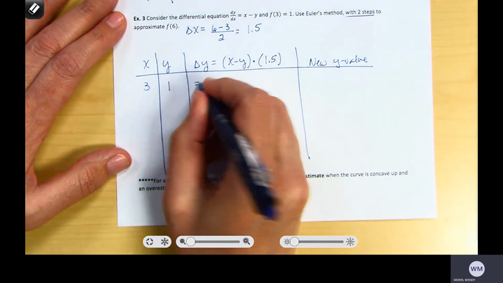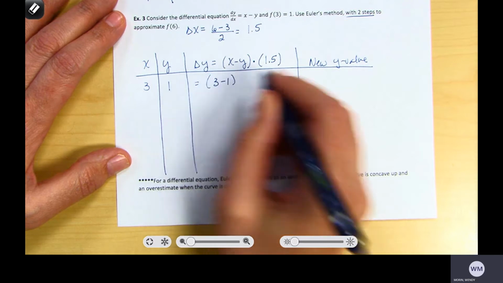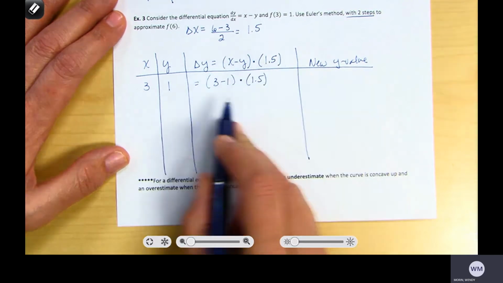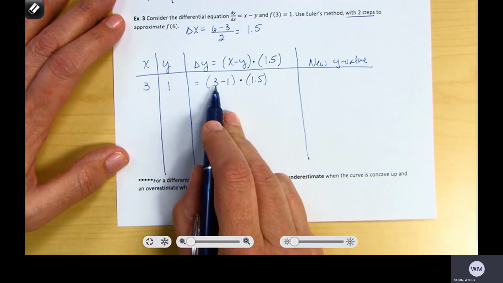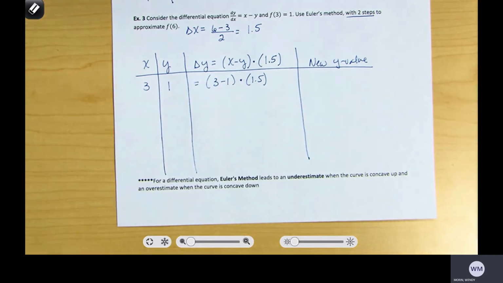So let's go ahead and calculate our change in y. That is 3 minus 1 times your step size of 1.5. So that is 2 times 1.5. So what's 2 times 1.5?